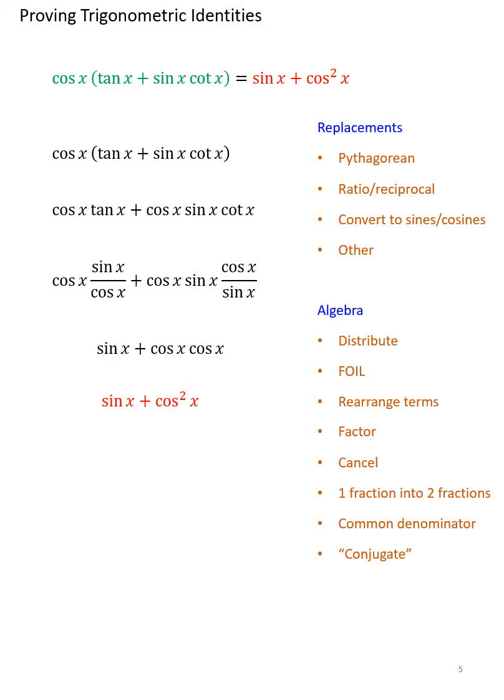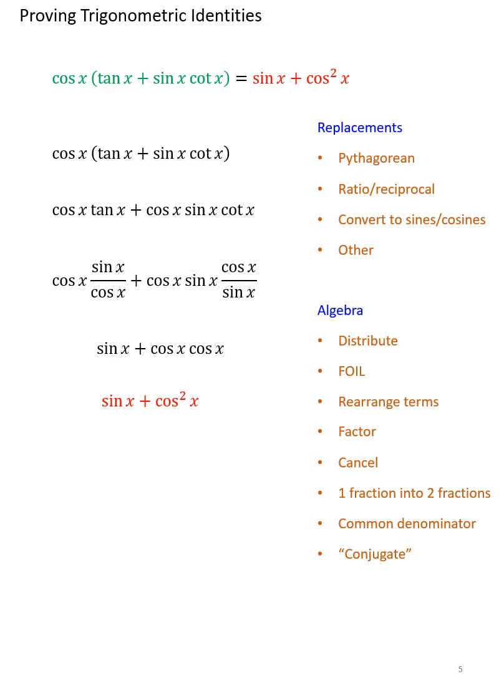What have I done here? I picked a side to start with. I did a combination of replacements and algebra, my two main categories of options. And through a process of various replacements and algebra steps, I've magically produced the side of the equation I didn't start with.